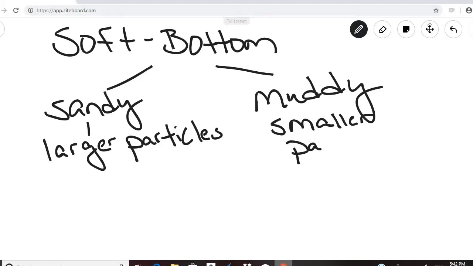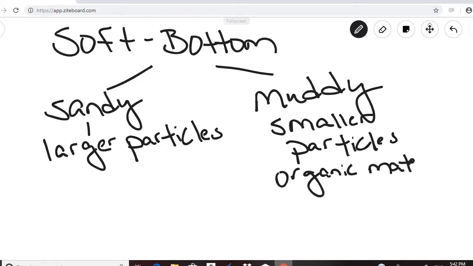And muddy often also involves where organic material or waste builds up. So different organisms will live in a certain area, depending on whether it is sandy or muddy.